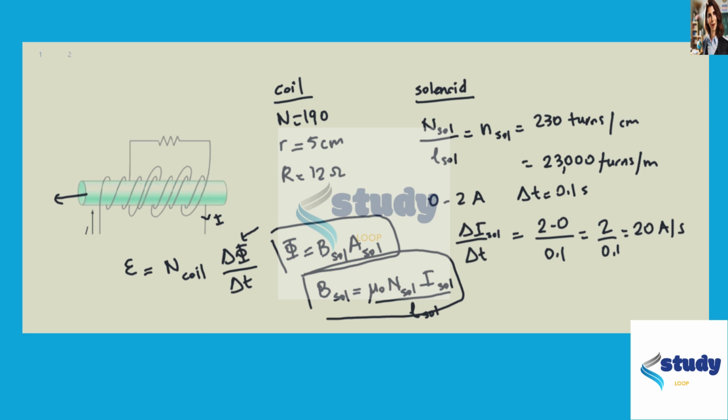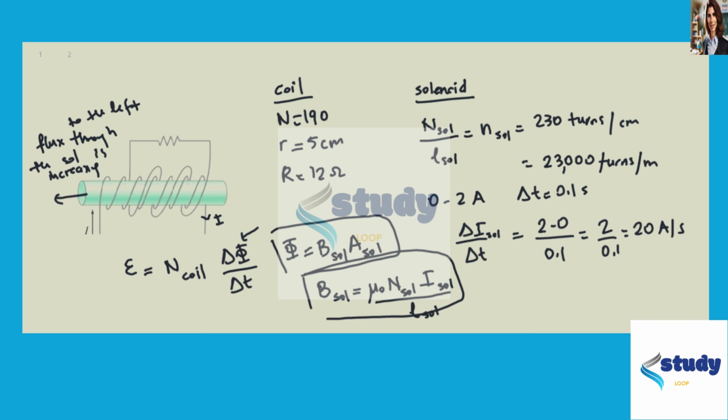So then if the B field generated by the solenoid is to the left, so is the flux. But the current is increasing, which means the flux is increasing. So the flux to the left through the solenoid is increasing.